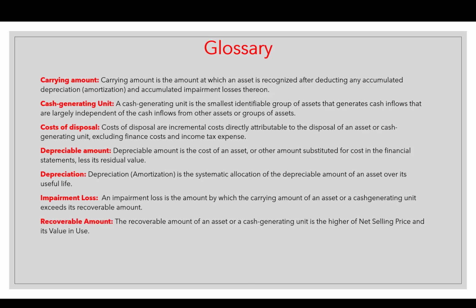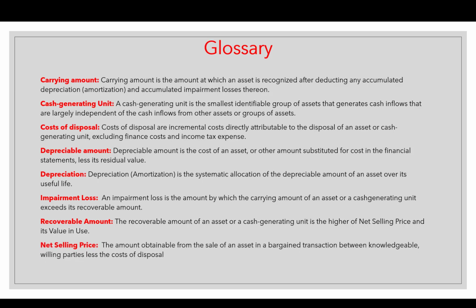Recoverable amount of an asset or cash generating unit is the higher of net selling price and its value in use. Net selling price is the amount obtainable from the sale of an asset in a bargained transaction between knowledgeable, willing parties, less the costs of disposal.